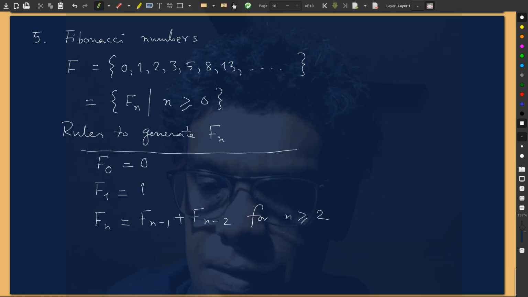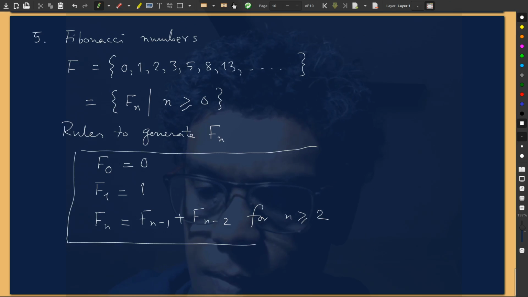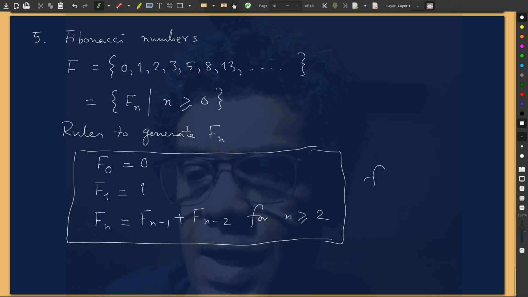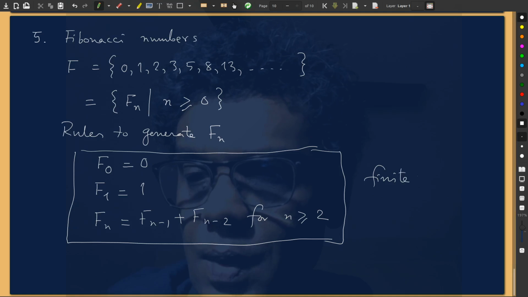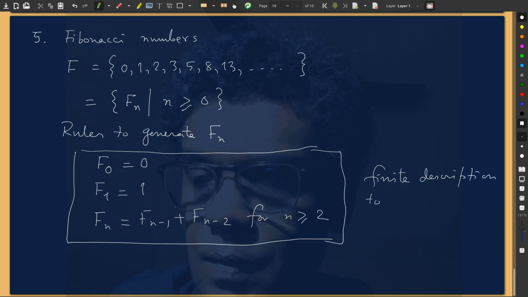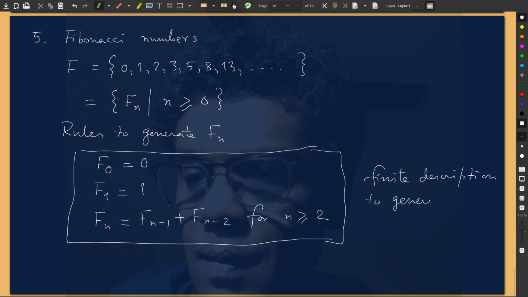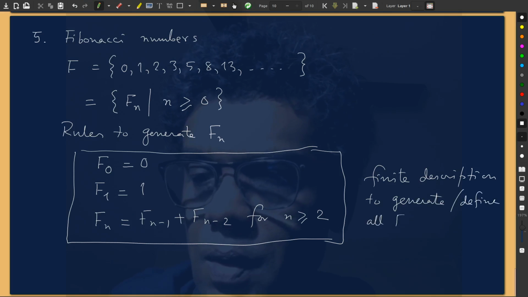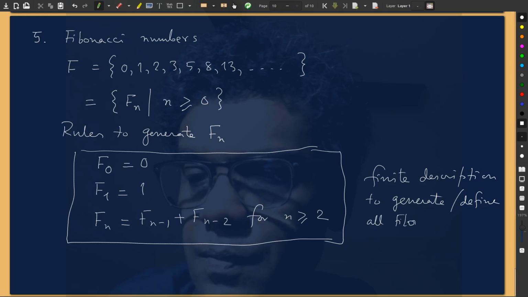So this you can see is a finite description, and this is recursive. Generate, or for that matter define, all Fibonacci numbers.